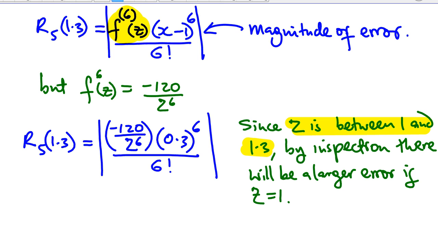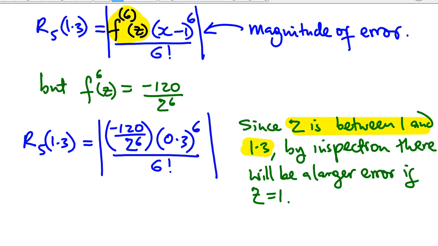Now, you're dividing by z to the power 6. If you picked something like 1.3, the magnitude that you end up with will be smaller. If you picked something like 1, you're dividing by 1, and the magnitude of error that you end up with will be larger.